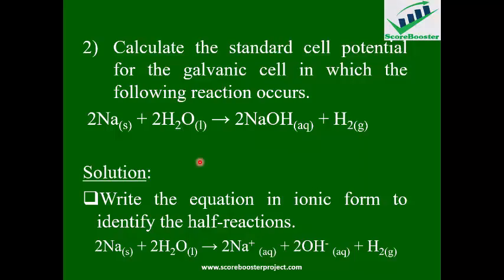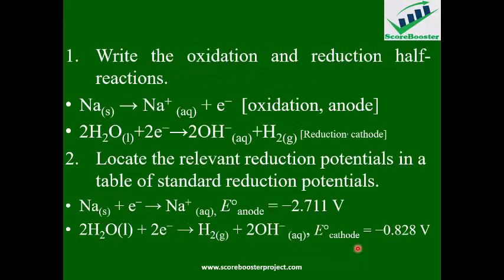Write the equation in ionic form to identify the half reactions, and we have written it in ionic form. Sodium has lost an electron to become this, then this one has gained an electron to become this. After that, you just split them and write the oxidation and reduction half equations. The one that loses electrons is the oxidation, that is the anode.